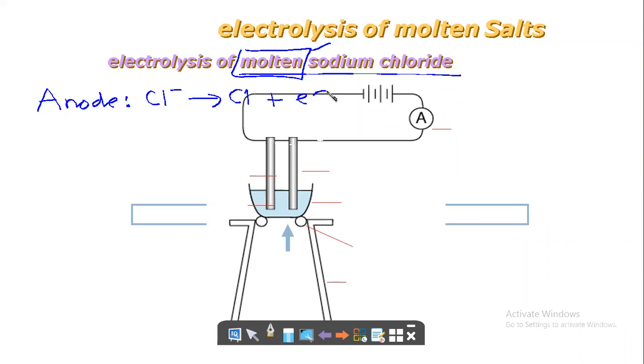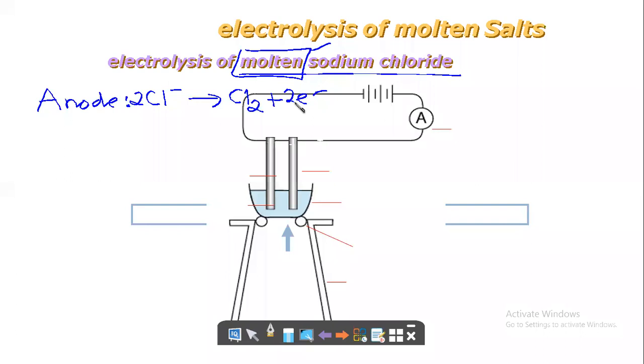The charges have to be balanced, the left side has to be the same as the right-hand side. Chlorine exists as a molecule, so if you write 2 here, we also write 2 there, and we put 2 electrons. That is the half equation at the anode.